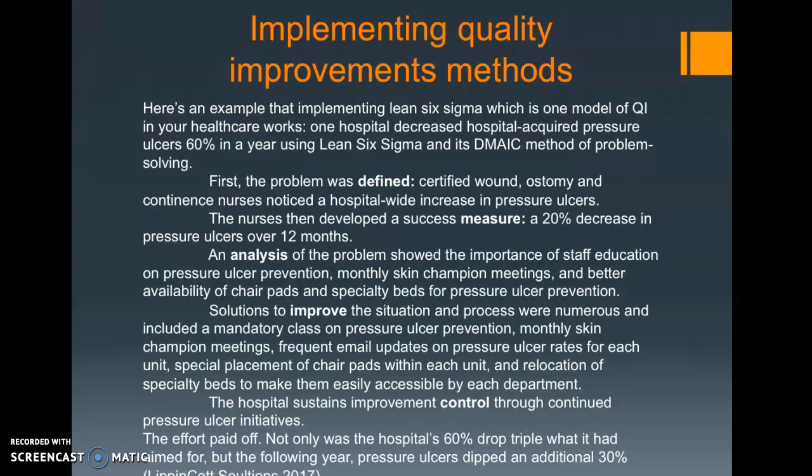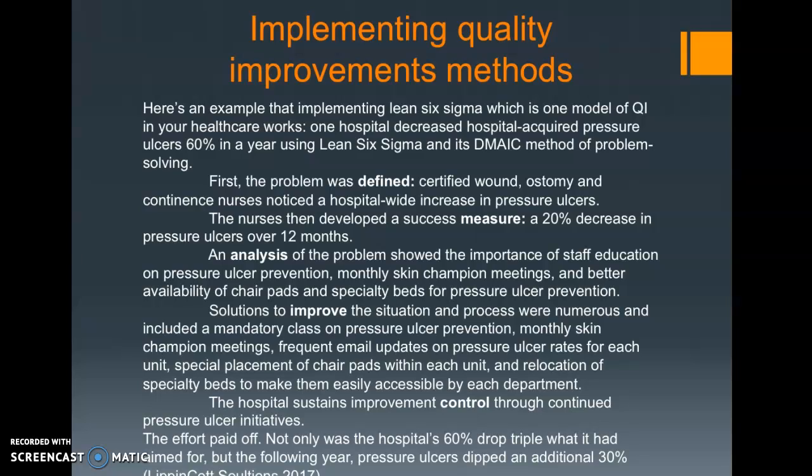They then analyzed the problems and they showed the importance of educating the staff on pressure ulcer prevention. They did monthly skin meetings. They did better availability of chair pads and better pressure ulcer beds.